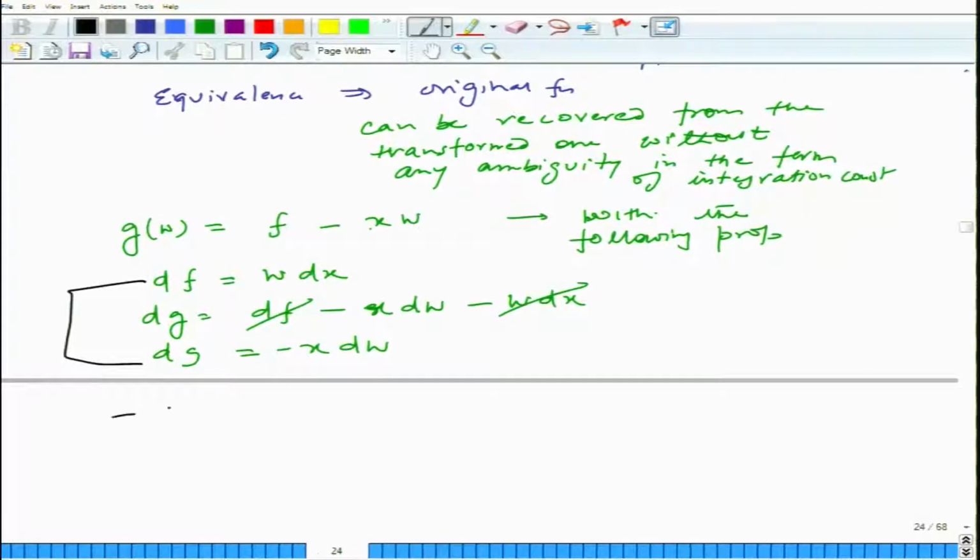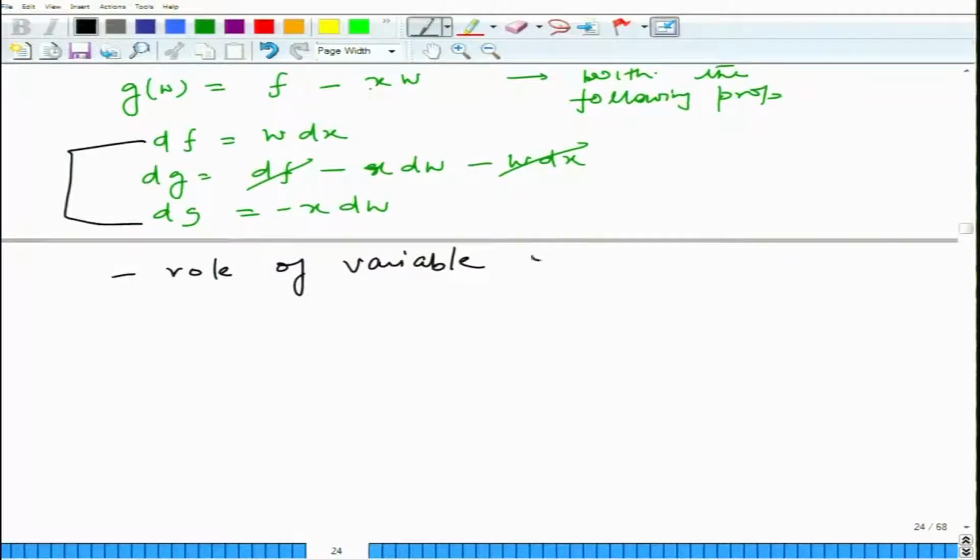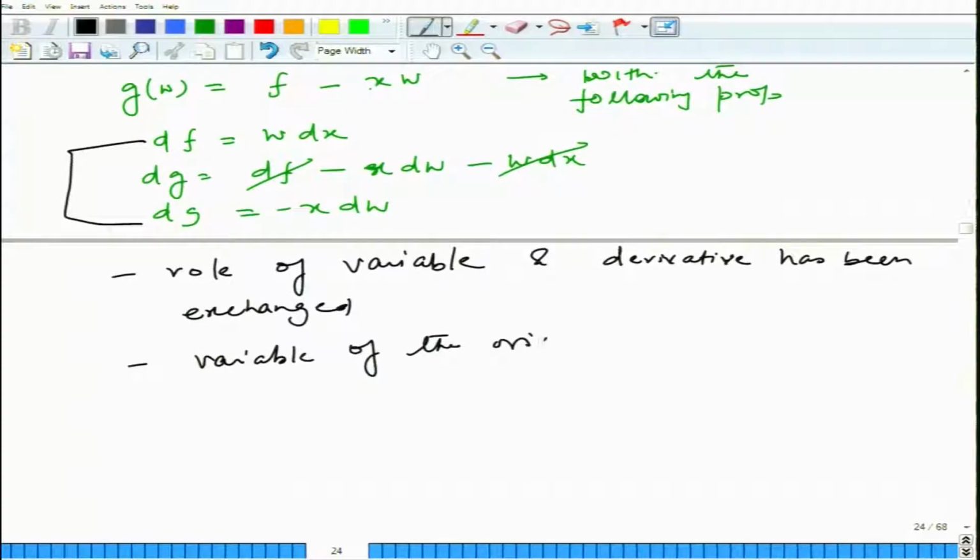So, in other words, the role of variable and derivative has been exchanged.